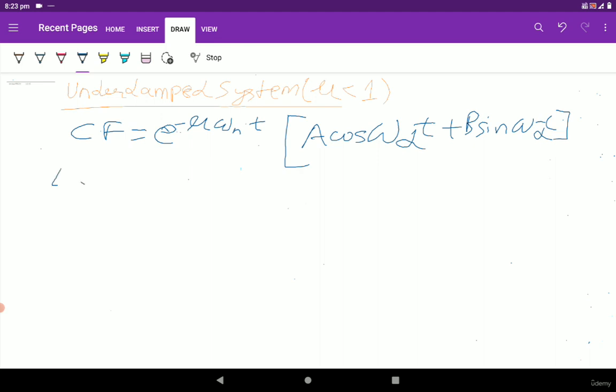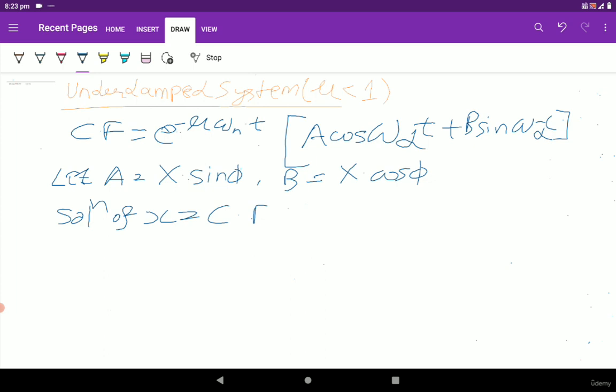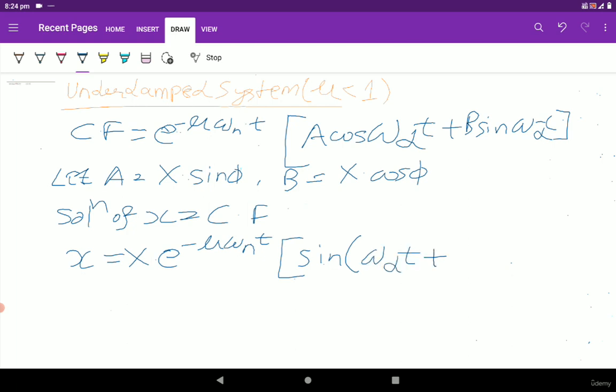Let a equal to x sine phi and b is equal to x cos phi. So solution of x equals the complementary function, that is CF. So x is equal to x e power minus damping factor omega n t multiplied by in bracket sine omega d t plus phi.